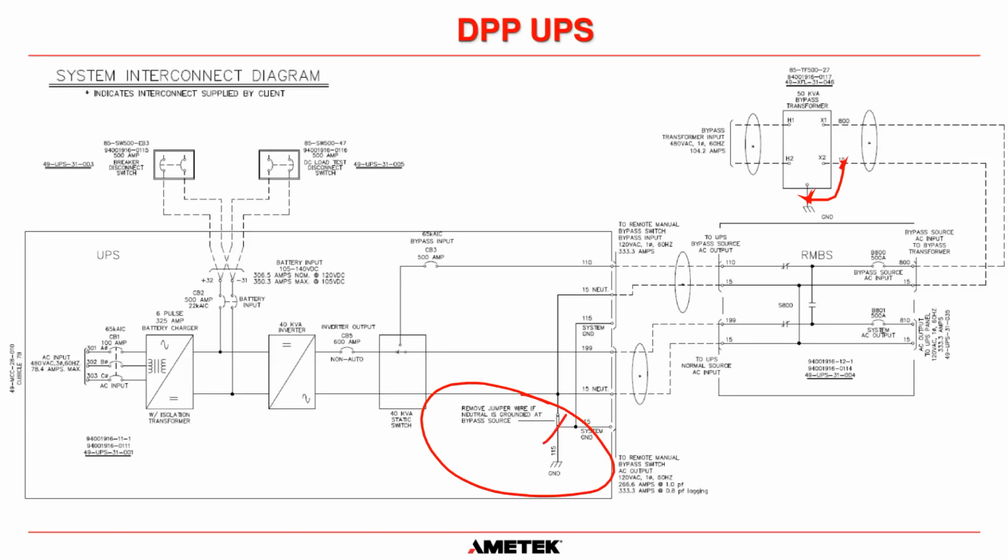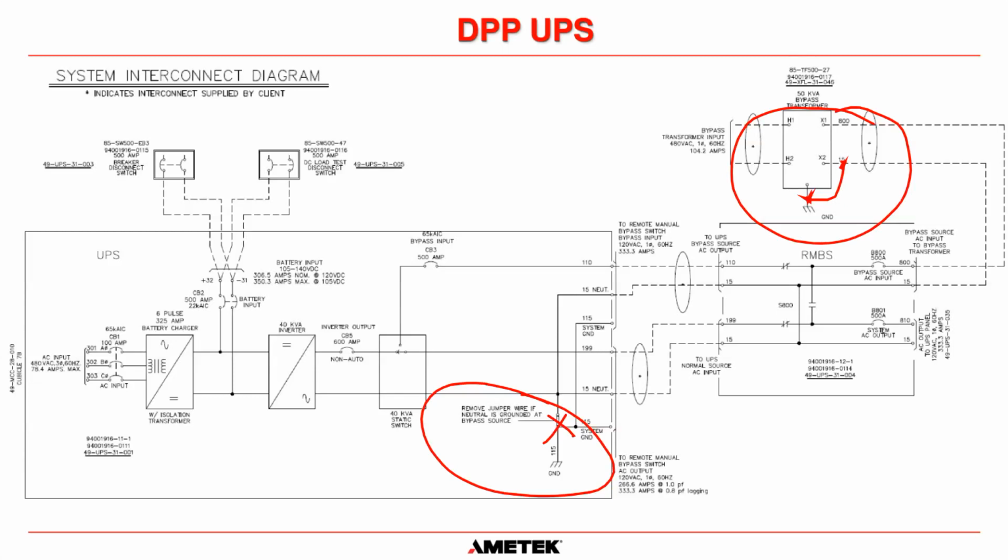So you would lift that jumper within the UPS itself to disconnect the neutral from ground. Because remember, whenever you have a new separately derived source, you cannot have the neutral connected at 2 points to ground. It's only 1 point, and the best way is to do it at the bypass transformer.